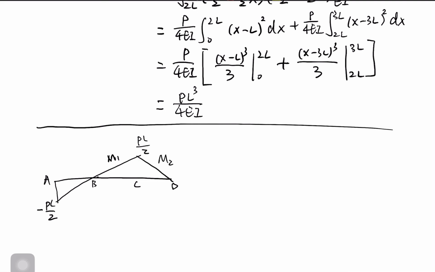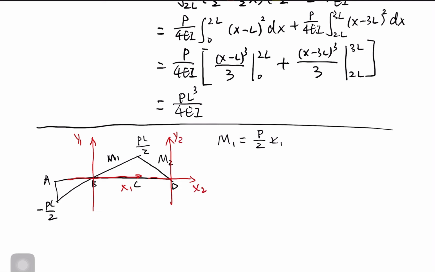First of all, I build a coordinate system over here, y1, x1. Then we can easily write M1 equal to P over 2 times x1. Then I build the second coordinate system, with the origin at point D, y2, x2.